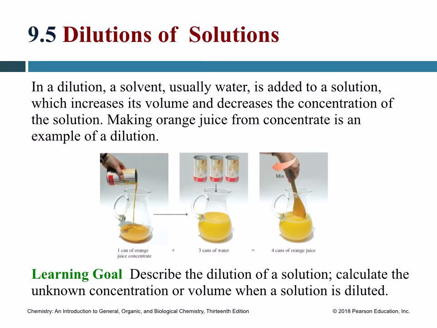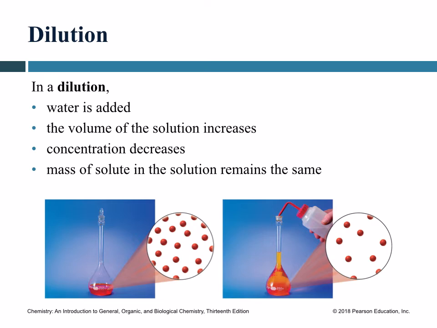Sometimes it is important to dilute a given solution. For example, we must dilute the frozen juice concentrate before we can drink it. During a dilution, you add water to a solution. This causes the overall volume to increase. Since concentration is the amount of solute divided by volume of a solution, the concentration decreases. Importantly, however, the amount of solute remains the same since you only added water and you didn't add or remove the solute.